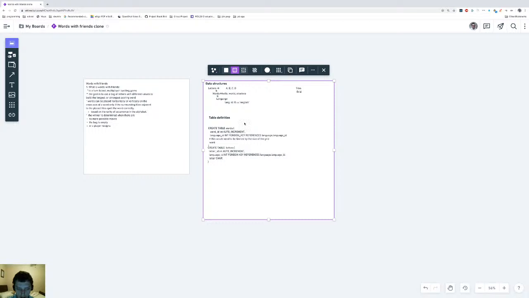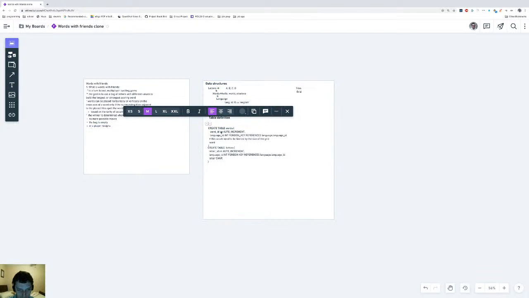For simplicity's sake of a clone, we're just going to do a 7 by 7 grid and go from there.